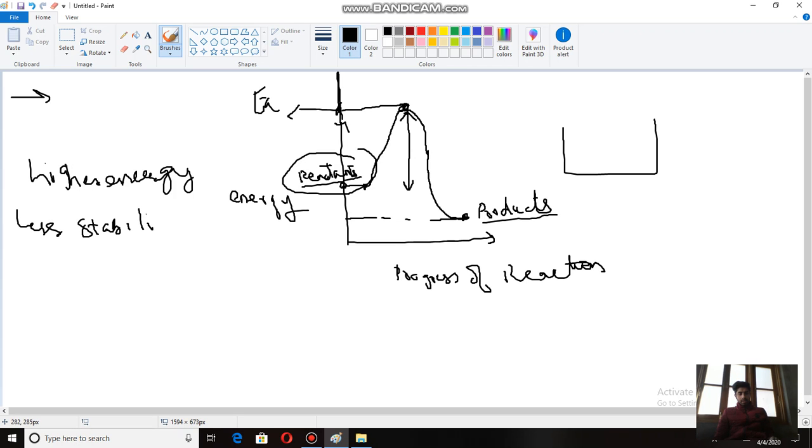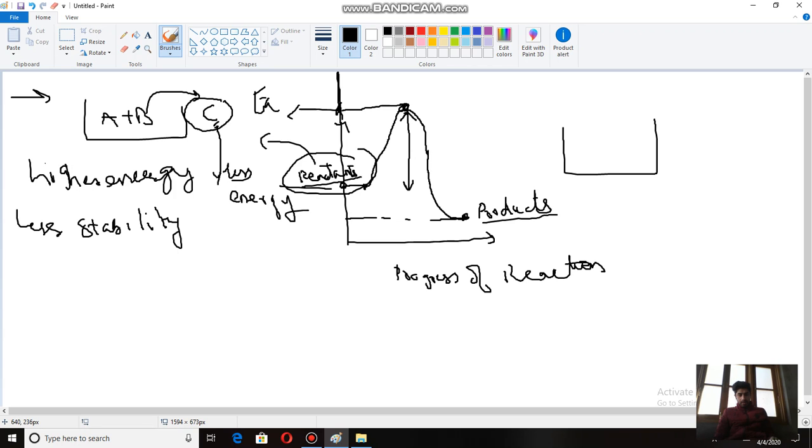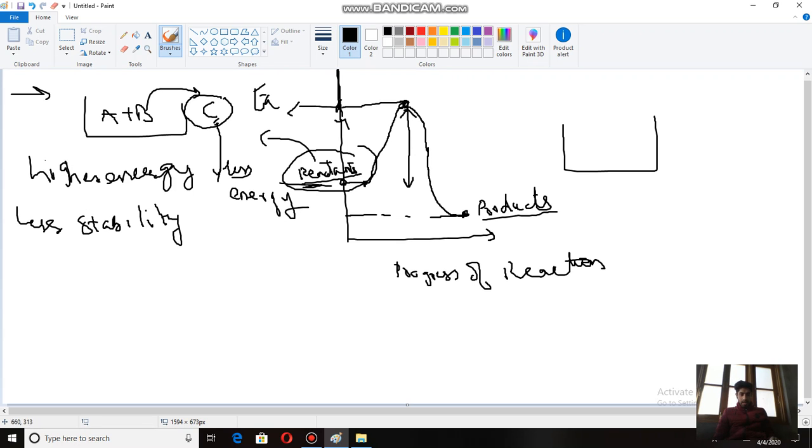That means reactants try to produce C. That means they try to move to a more stable state, and that is C. More stable state means less energy. That means the reactants should be at higher energy than these products.